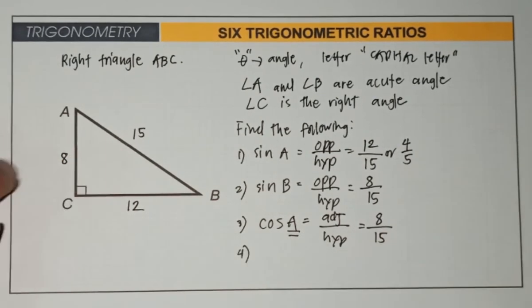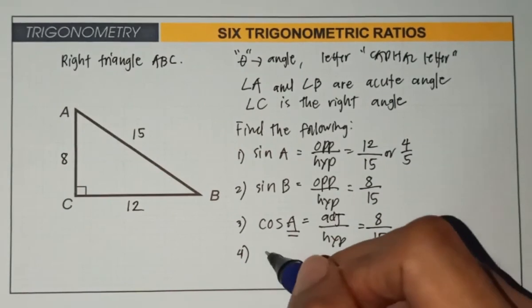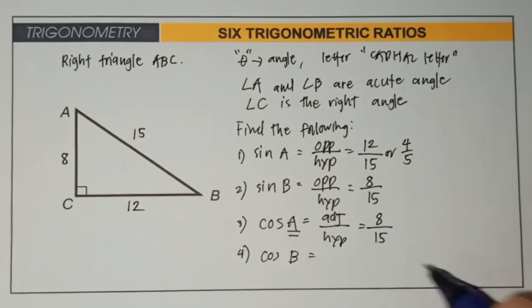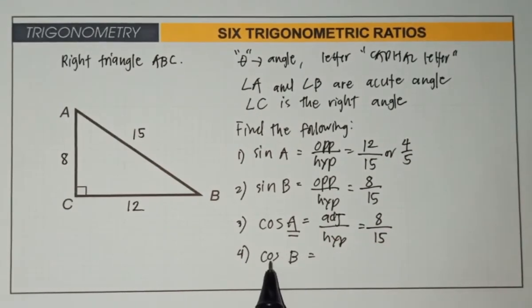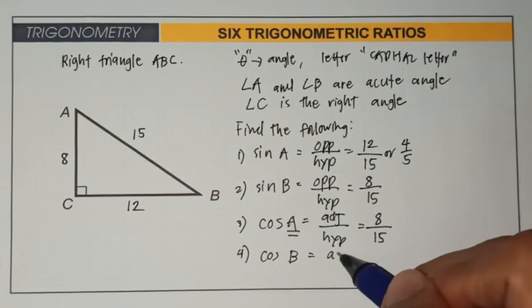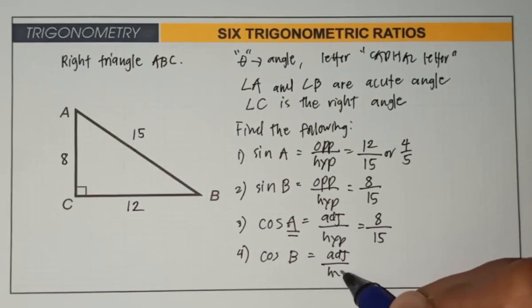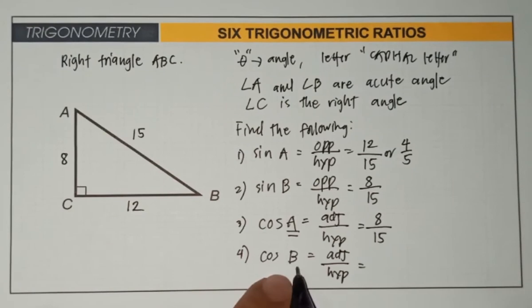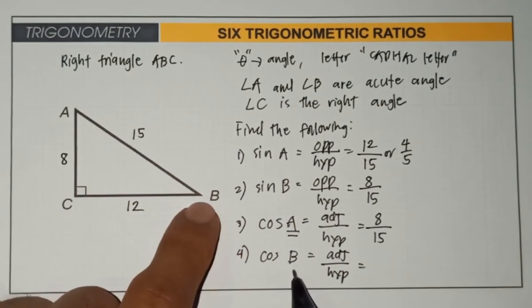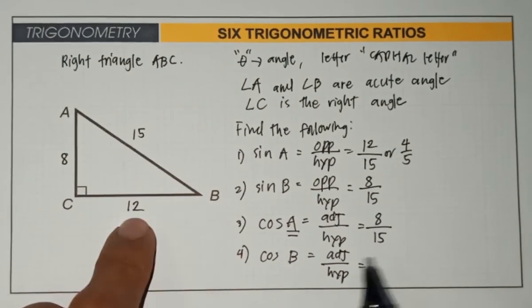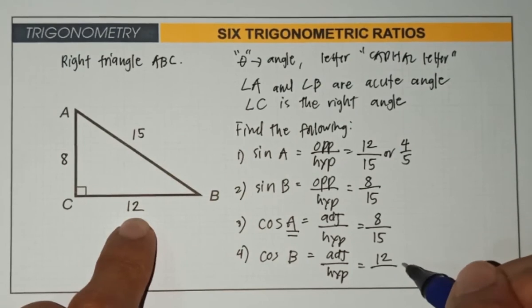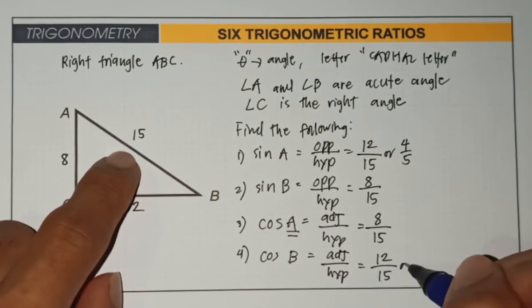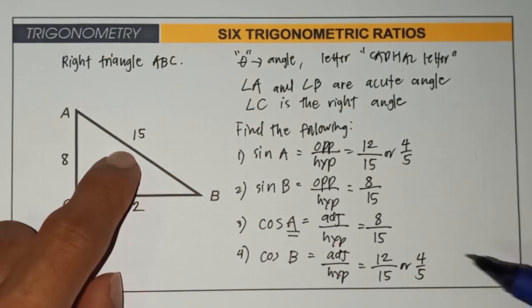And the last one, what if I give you cos B? Take note, what is the ratio of cosine? The ratio of cosine is adjacent over hypotenuse. Since the reference angle here is B, the adjacent is 12, and the hypotenuse is 15, or it is 4/5.